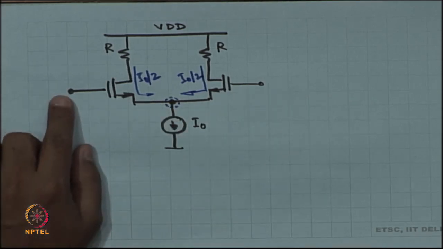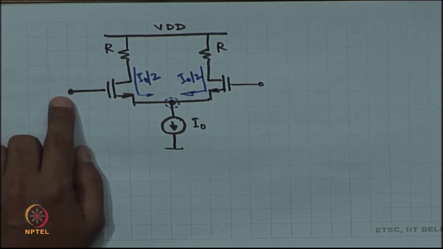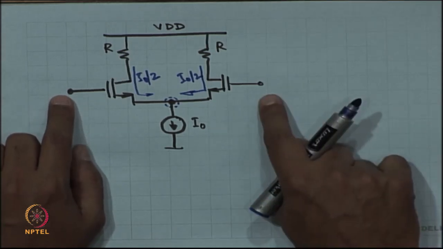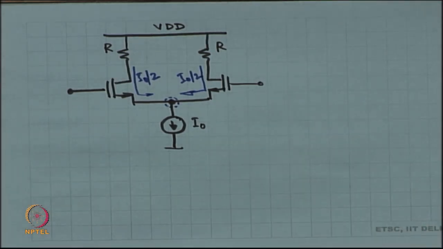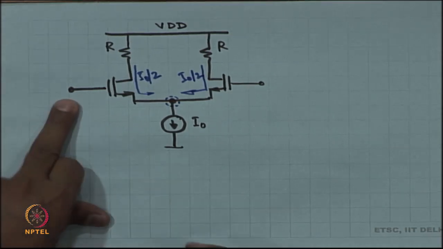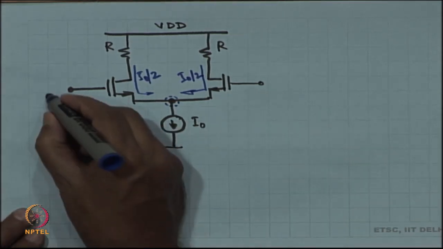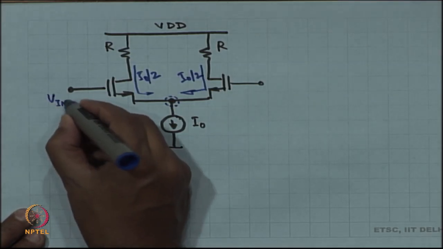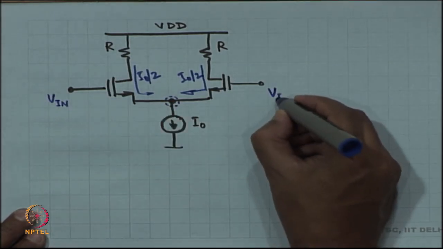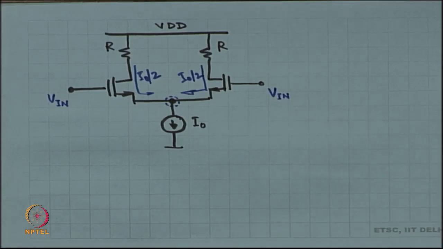So, whatever is the DC operating point of the voltage at the two gates, let us assume those are equal, right. They have to be equal because this is a symmetric situation. So, suppose the DC operating point over here is V capital in. Okay, that is the DC operating point voltage.